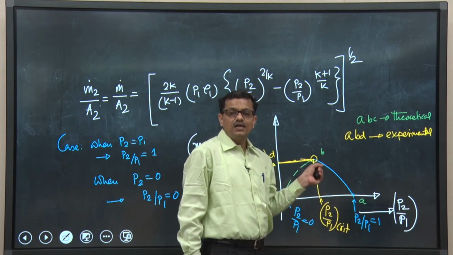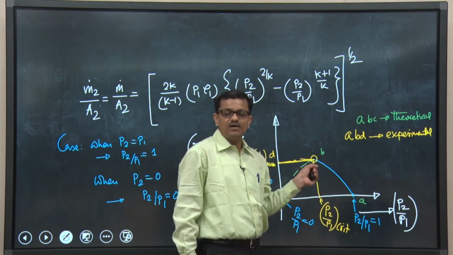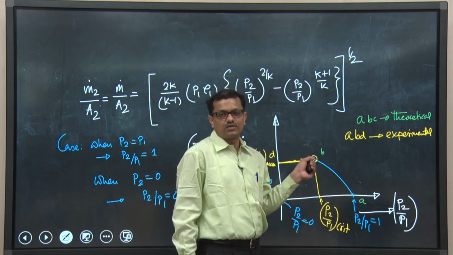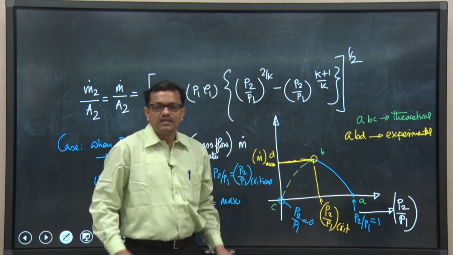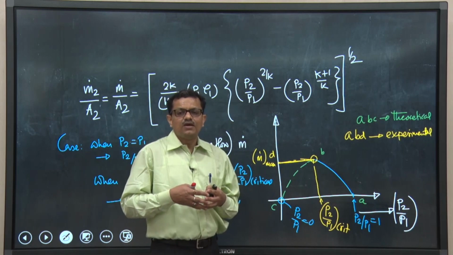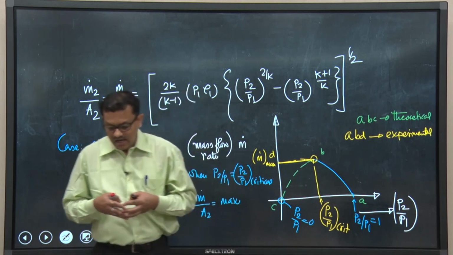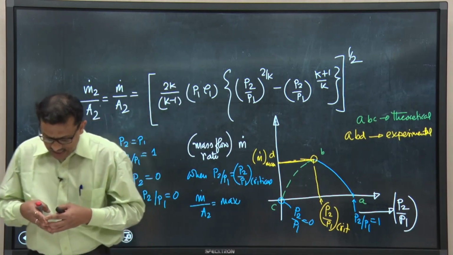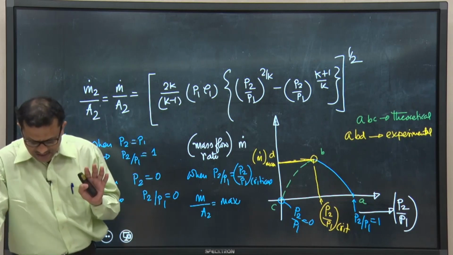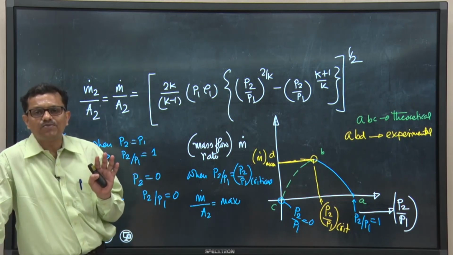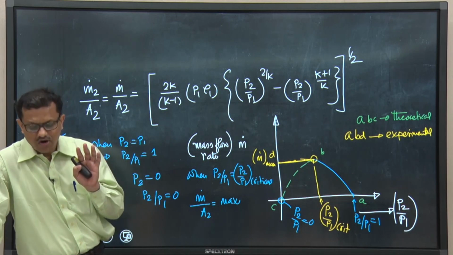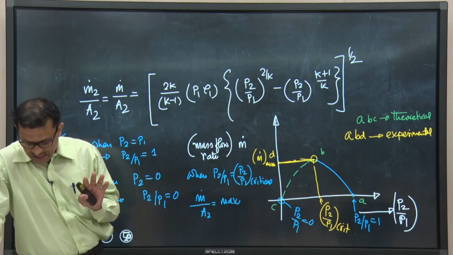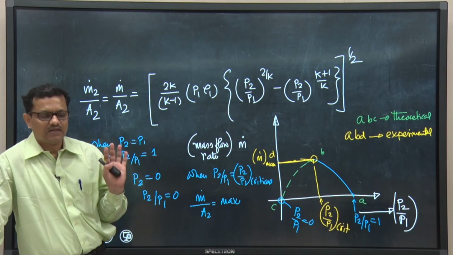At that condition, the mass flow rate through the nozzle is maximum and the nozzle is said to be choked. This is a very important question. A nozzle is said to be choked when the exit pressure of the nozzle is the critical pressure, the maximum mass flow rate through the nozzle is achieved, and the nozzle is said to be choked.